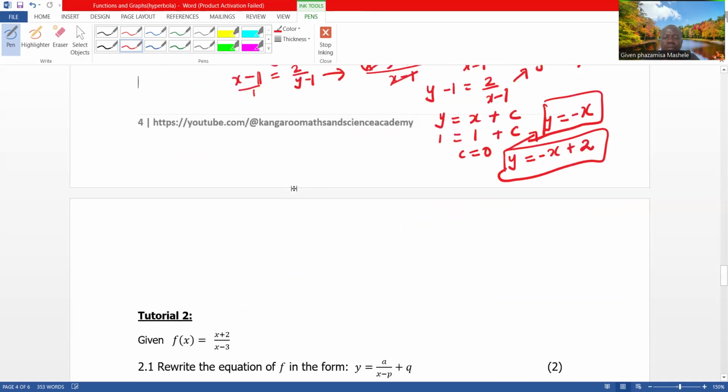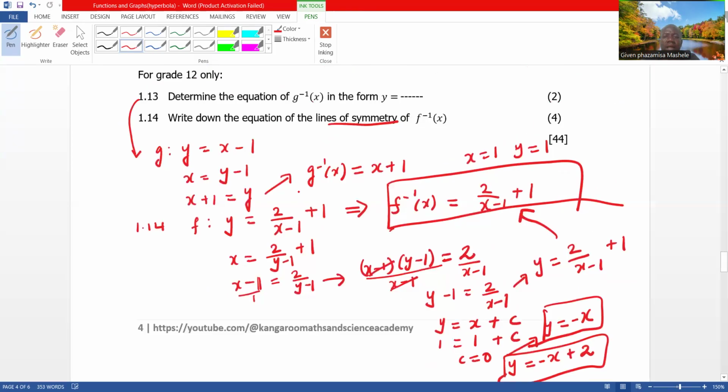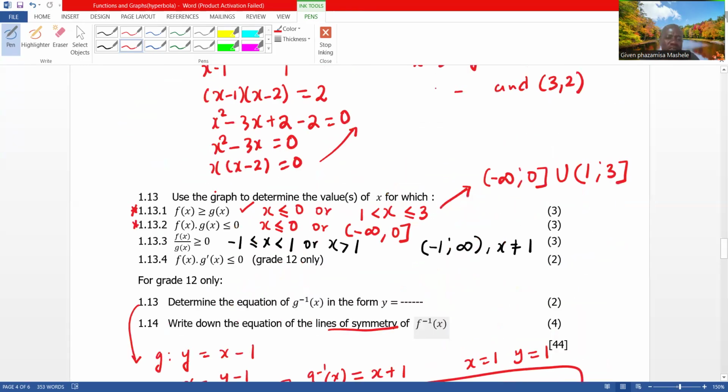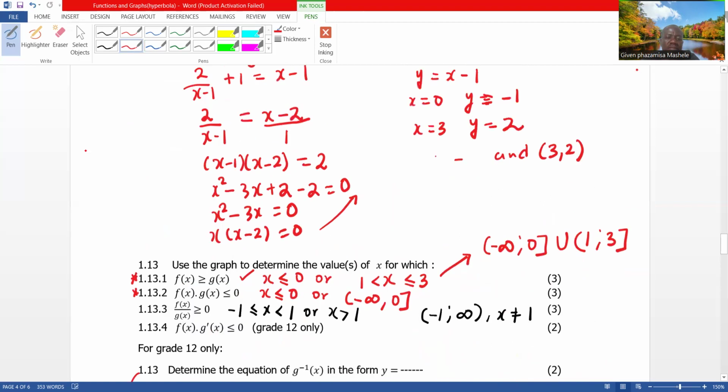Then now we want to know the value of x where f of x times g prime of x is less than or equal to 0. Let's go to our graph and analyze this.